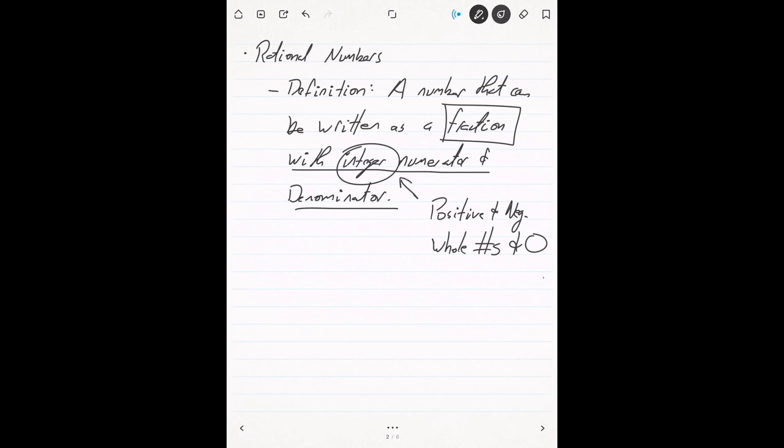So integers are the numbers 1, 2, 3, -1, -2, -3, 0, etc. So they're positive whole numbers, negative whole numbers, and 0. 0 is also an integer. So when we write a fraction, we need to have positive or negative whole numbers for the top and the bottom number. So what are some examples of rational numbers?